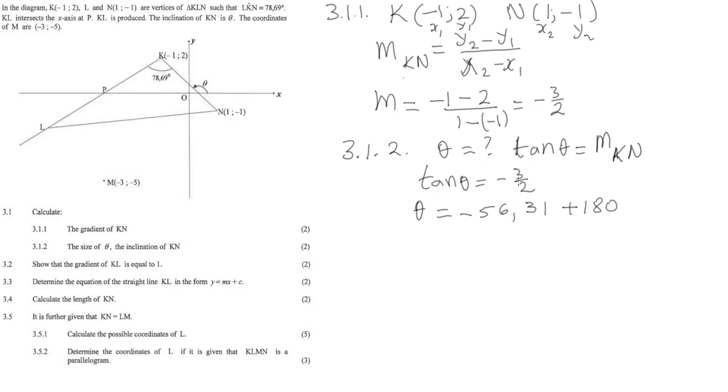Tangent negative is in the second quadrant and the fourth quadrant, so this angle should be in the second quadrant. In the second quadrant, tan is negative. Because the angle is minus 56 degrees, we add 180, or you say 180 minus 56.